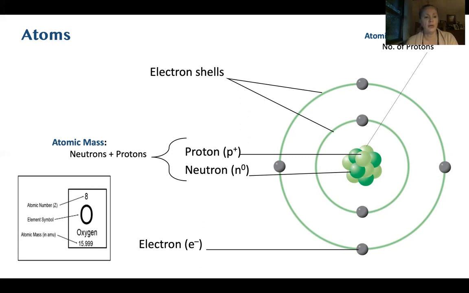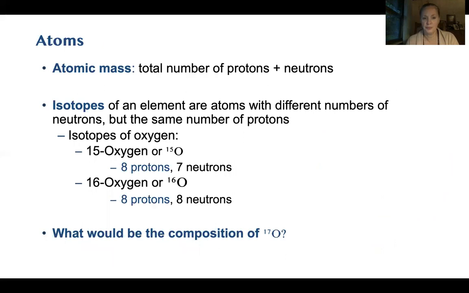Once again, to review, our atomic number for oxygen is represented by the number 8, which is above the symbol for oxygen, which is O, and the atomic mass is 16. Okay, our atomic mass is our number of protons and neutrons.